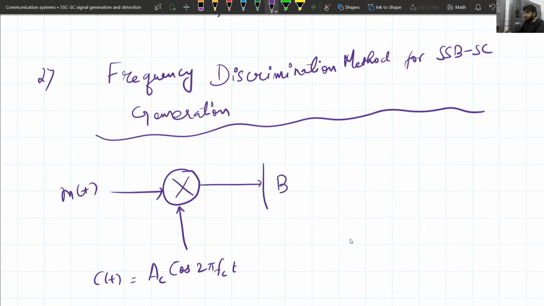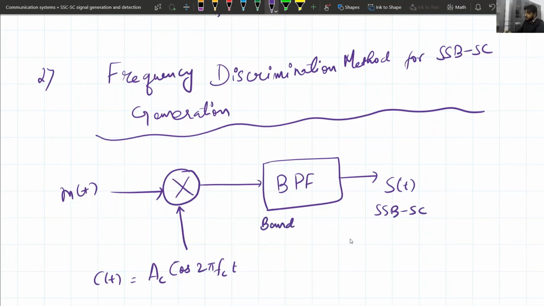And then pass through a band pass filter to obtain the SSB-SC. This is the band pass filter. Once again, there will be two conditions.